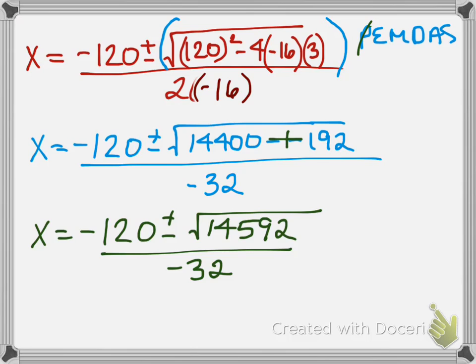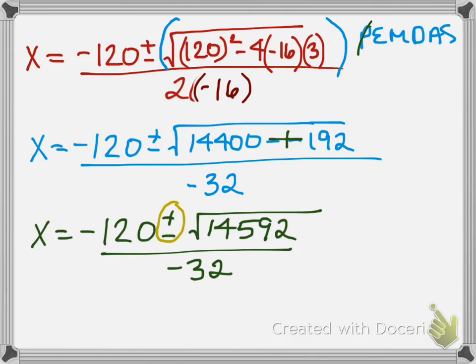So what do I mean by both sets of equations? Well, see this plus or minus right here? That's telling me that I really have two different equations. I have one equation with a plus sign and one equation with a minus sign.